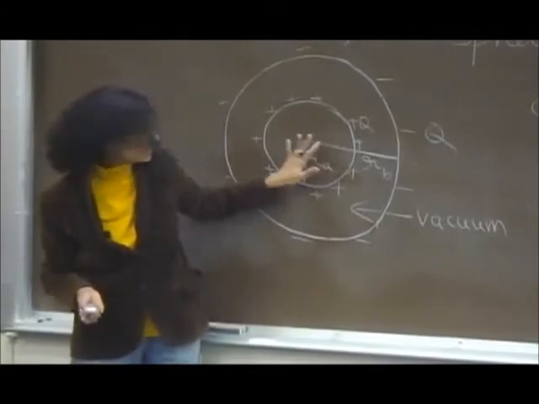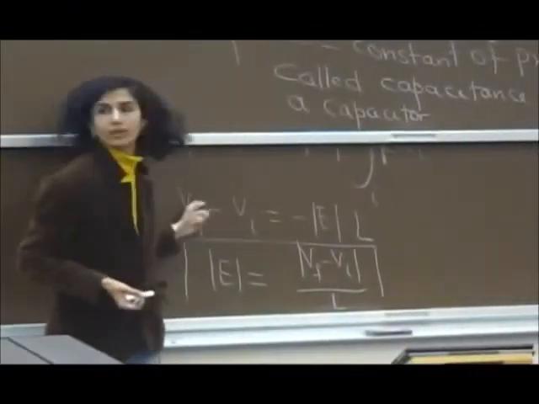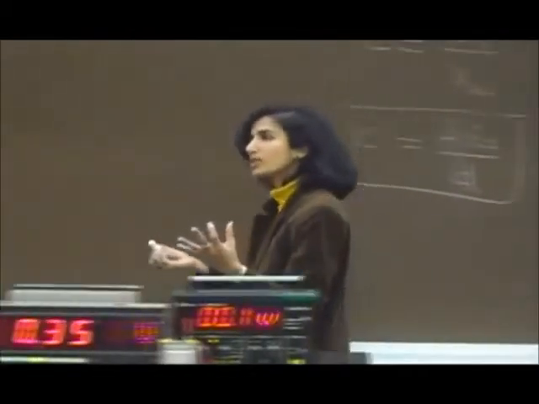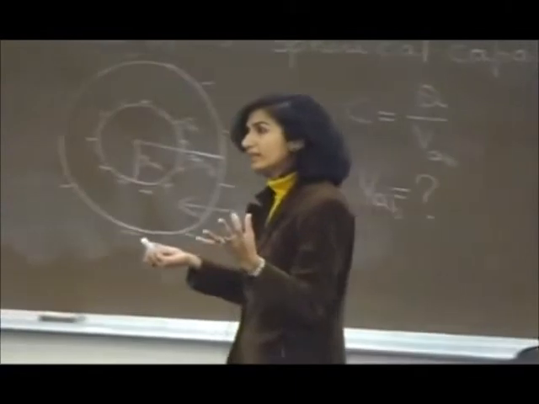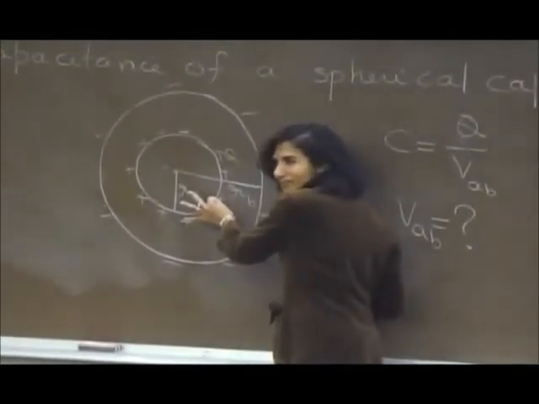Zero electric field means equal potential everywhere. Remember we said that when the charges are uniformly distributed on a spherical conductor, the electric field everywhere inside is 0. If the electric field everywhere inside is 0, there is no change in potential. You can see change in potential is related to electric field. So the potential everywhere is constant and it is equal to whatever is the potential right at the surface, right?